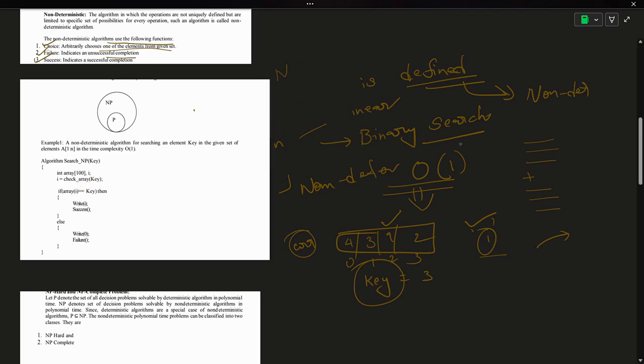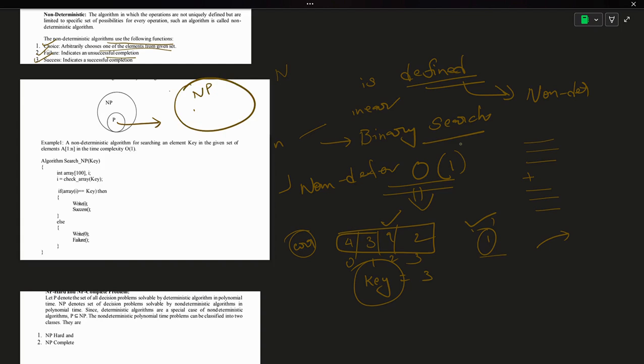As you can see, the deterministic algorithms that we know today were part of non-deterministic algorithms at some point back in time. That is, all the problems come under NP.